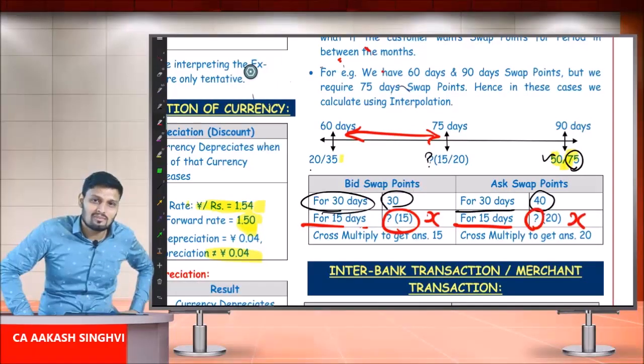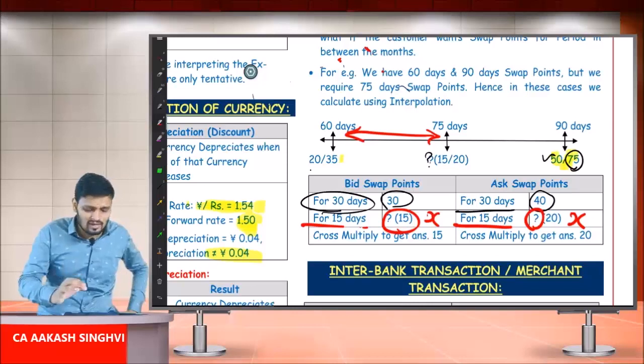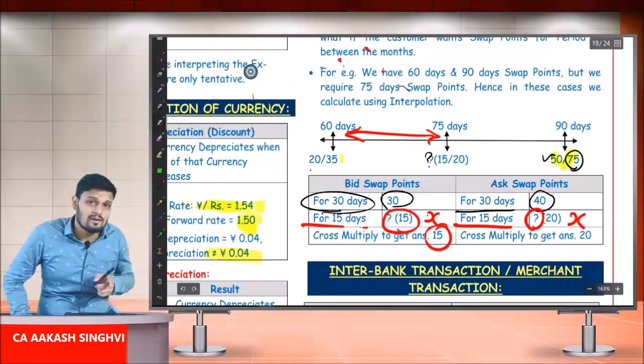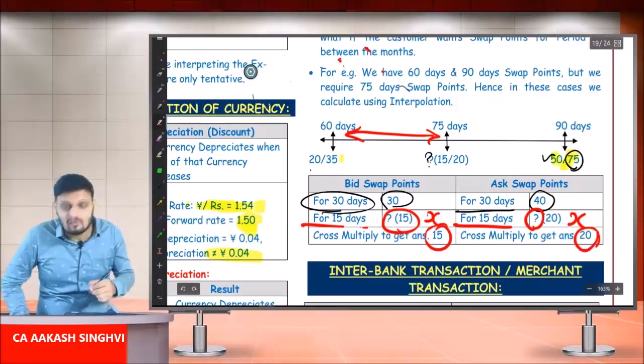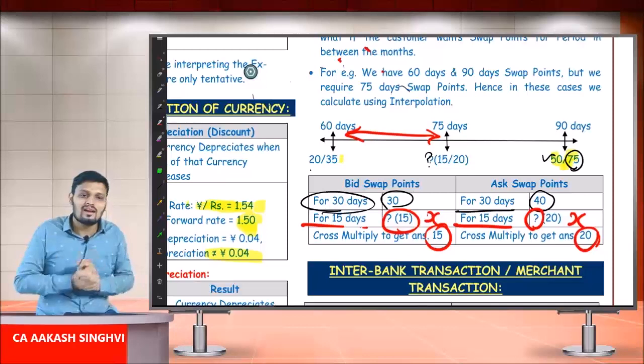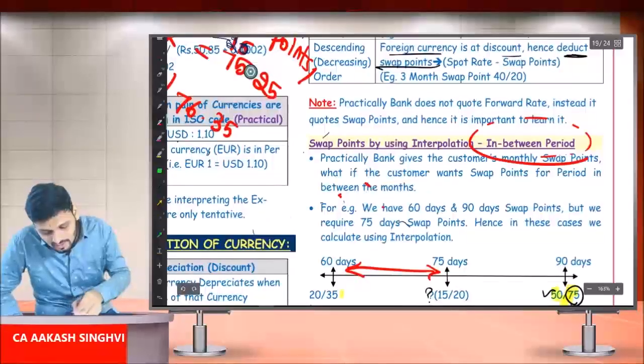By cross multiplication, which is one of the easiest concepts you learned in your schooling life, we get the answer as 15 points for the bid rate and 20 points for the ask rate. Hence we are done with solving swap points for the in between period.